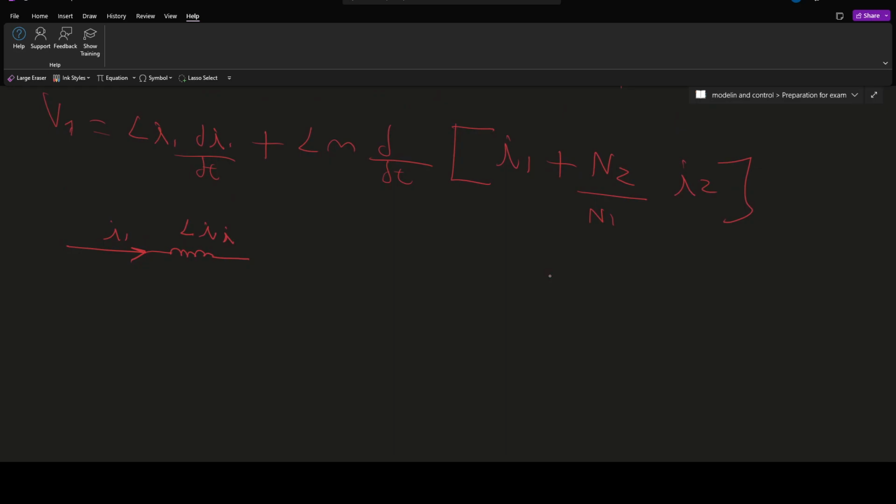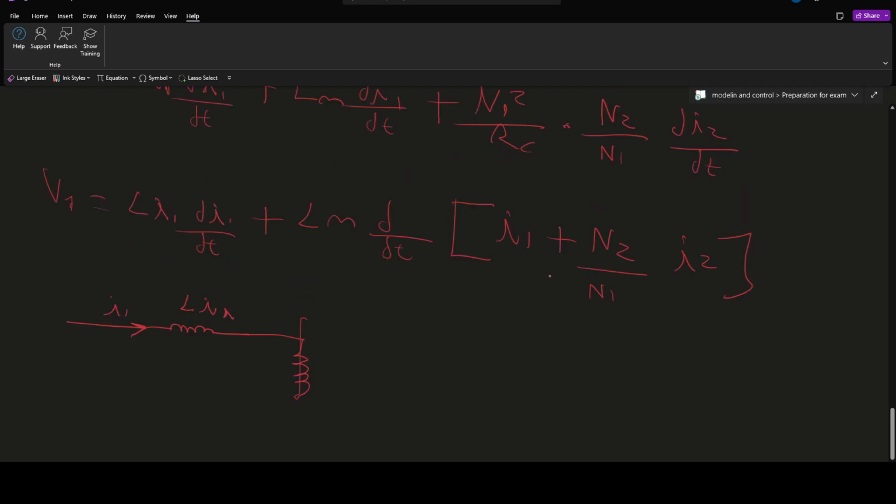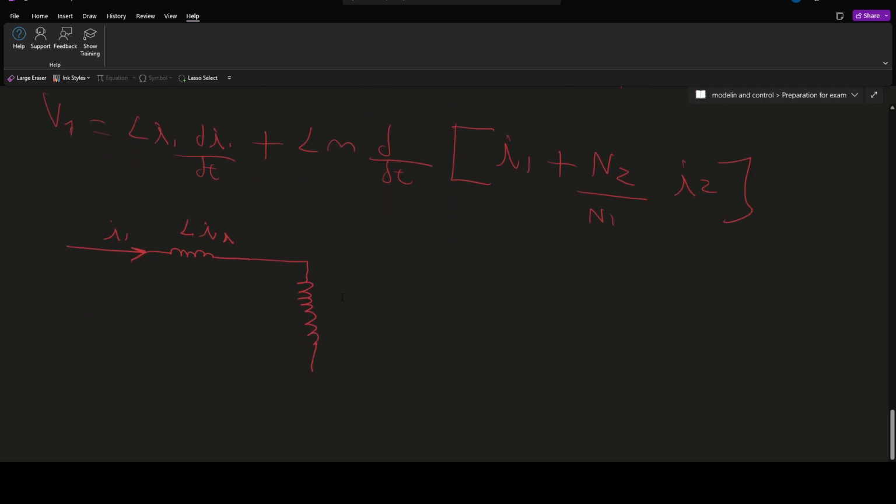Okay, now we have another inductance, Lm. That is our magnetizing inductance, and we know this one is big. So I'm gonna draw a bigger inductor. Okay, and we know that this is Lm. And now here we can see these two currents. So we know that we are gonna have I2 here.